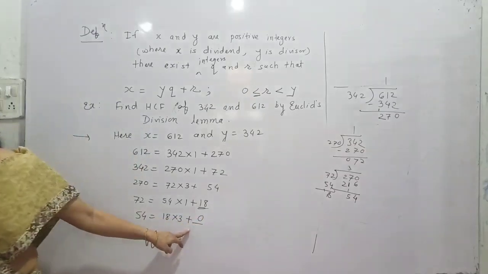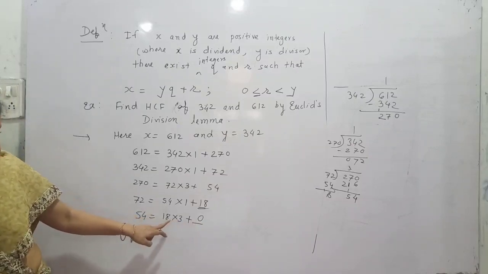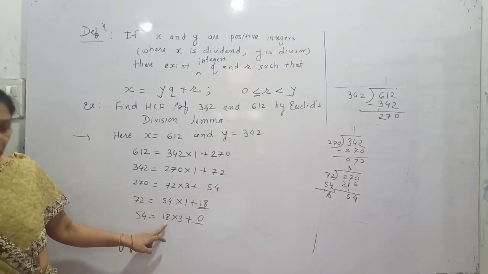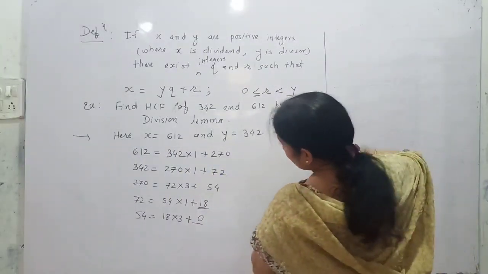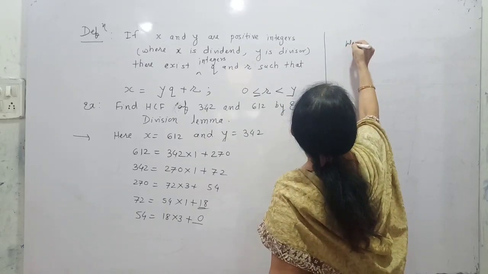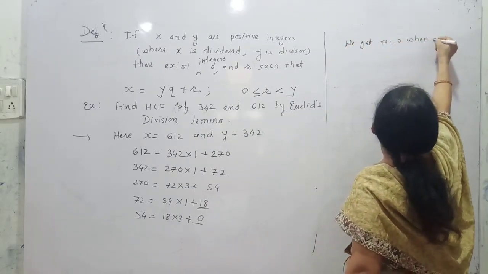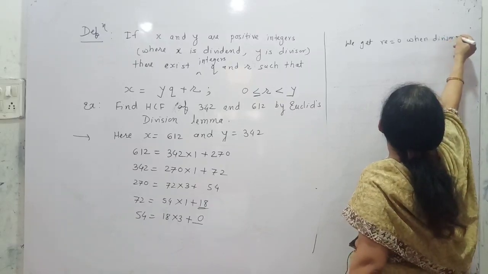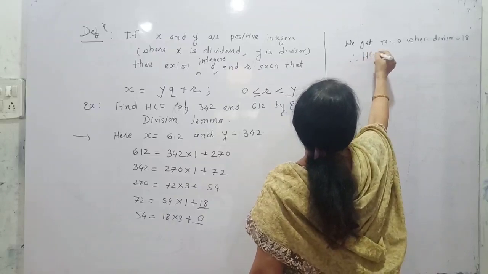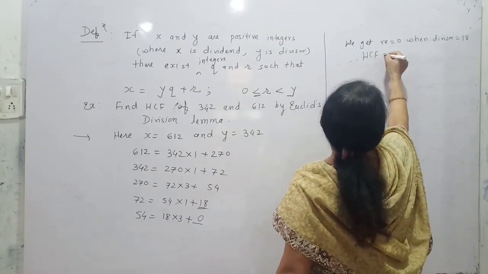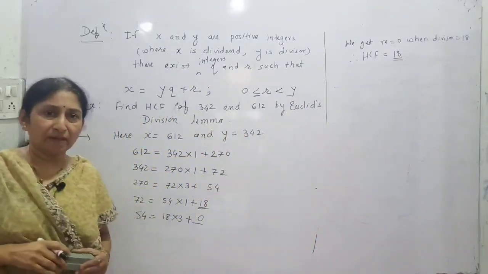Now in this step the remainder is 0 and the divisor is 18. So we get remainder 0 when the divisor is equal to 18, hence HCF is equal to 18.